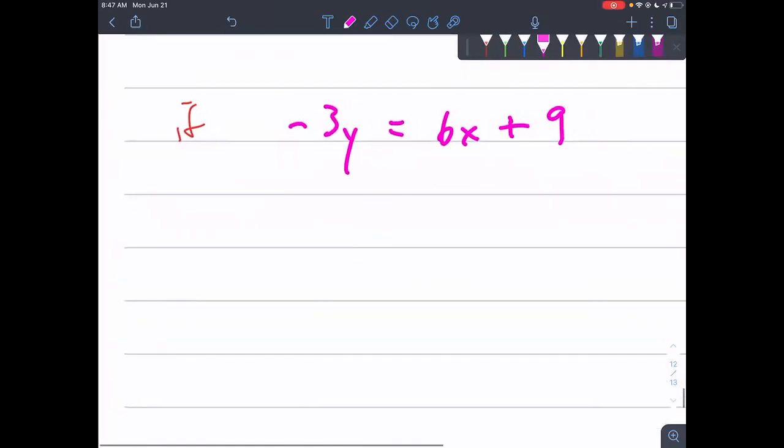Or I shouldn't say equals, let me change this in the middle. Let's say it's greater than, okay? What would the next step be if we want to get y by itself? I think I heard somebody say, are we dividing or subtracting? Dividing 3 or negative 3?